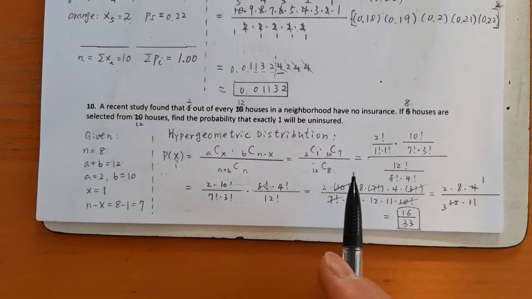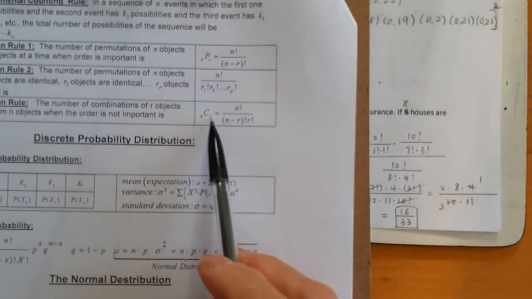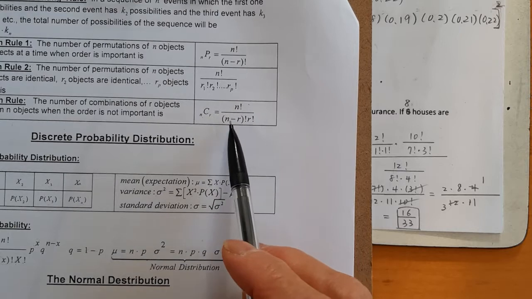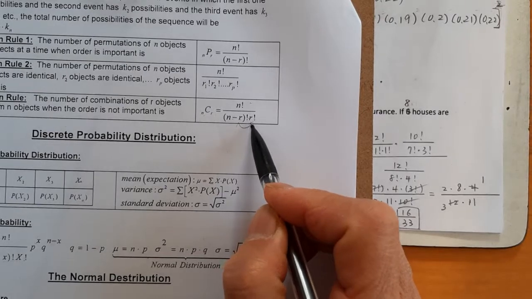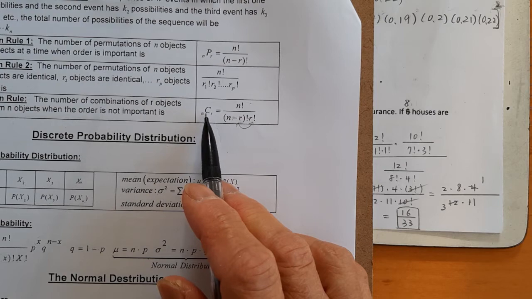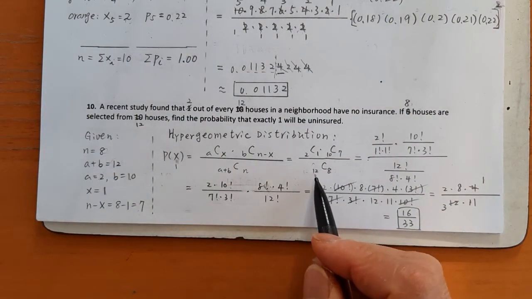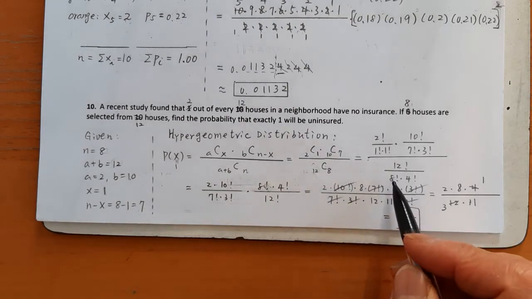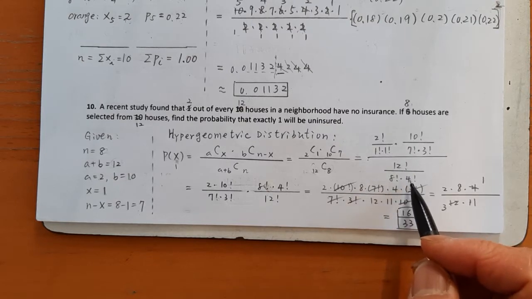The formula for combination is C n take r equals n factorial over n minus r factorial times r factorial. You can switch the two because in multiplication you can change the order. So C 12 take 8 is equal to 12 factorial over 8 factorial times 12 minus 8, which is 4 factorial.